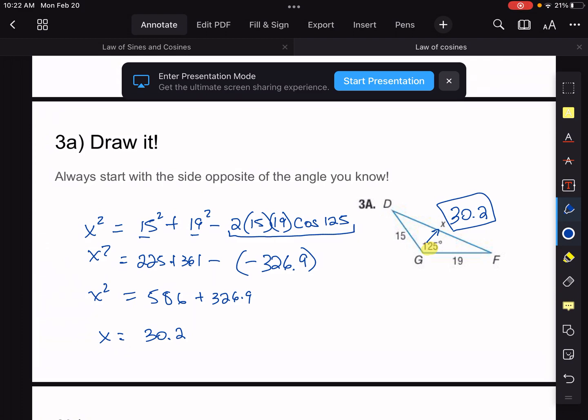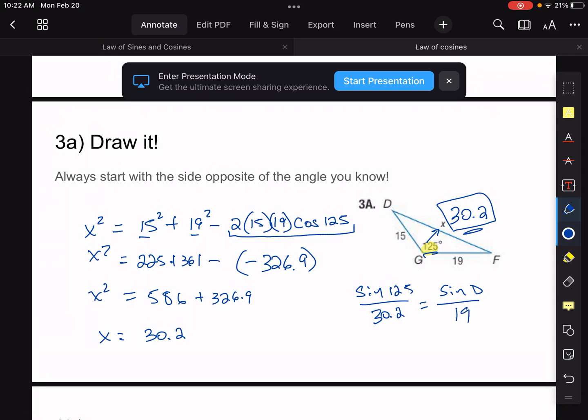Now, if they ask you to solve the rest of the triangle, what's cool is that once you have an angle and side length pair, you can use the law of sines to solve the rest. So I could say the sine of 125 over 30.2 is equal to the sine of d over 19.